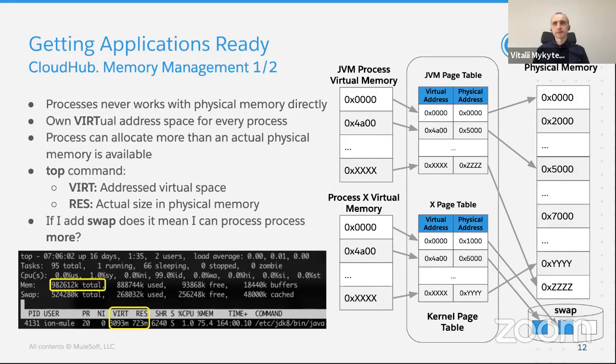But let's ask ourselves: if I add a large swap file, does it mean I can process more or larger payloads using that kind of hardware configuration? The answer would be yes and no, and it depends on the real use case scenario. Let's move to the next slide, and I'll explain why.